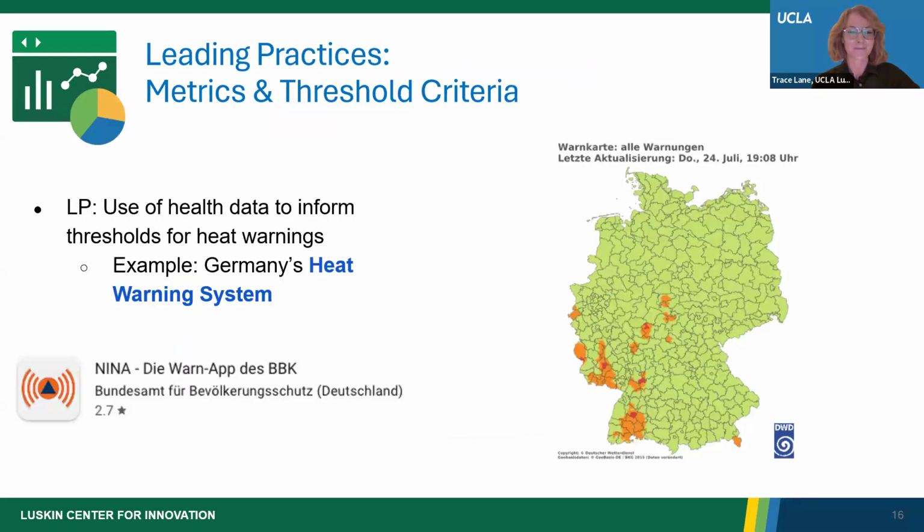Next slide. And so here we can see an example of this. Germany's heat warning system offers a great illustration. The heat risk thresholds for Germany's heat warning system are based on a statistical relationship between human biometeorological criteria and temperature as a thermal index for heat stress and mortality.